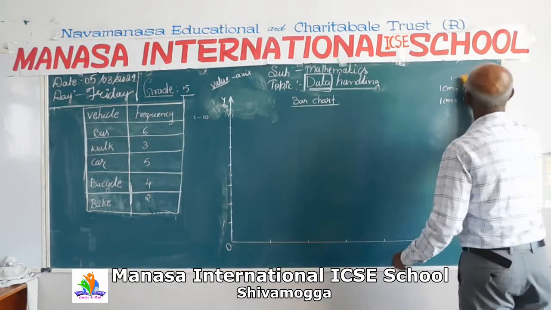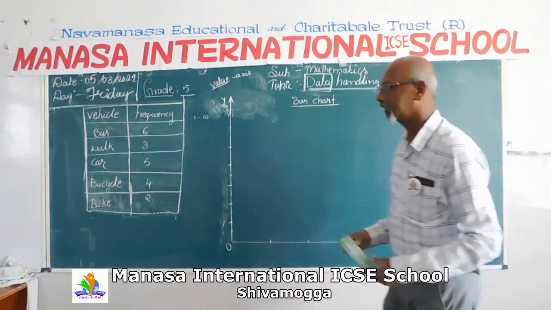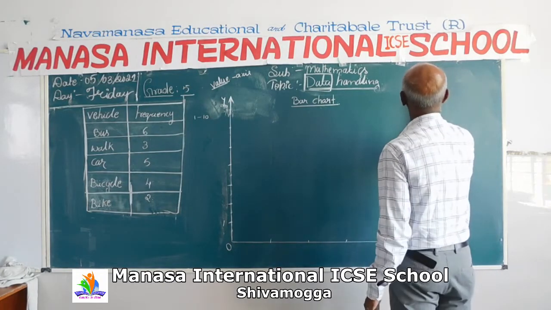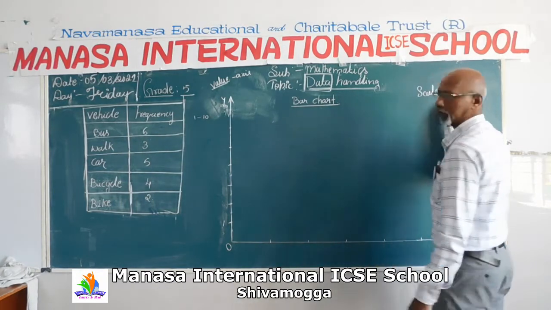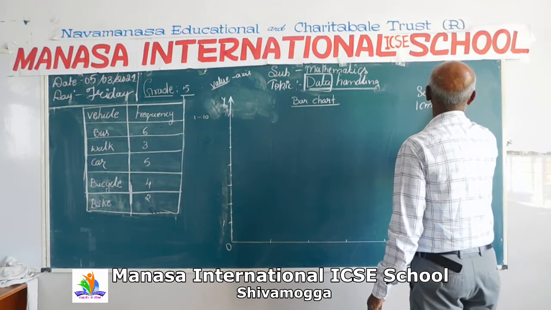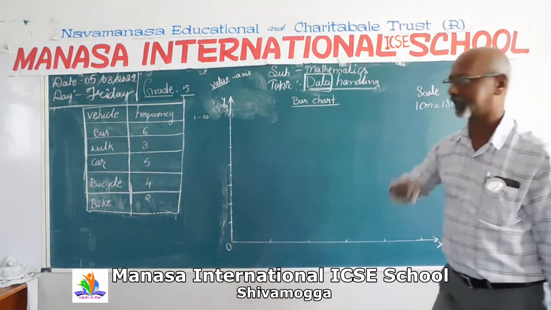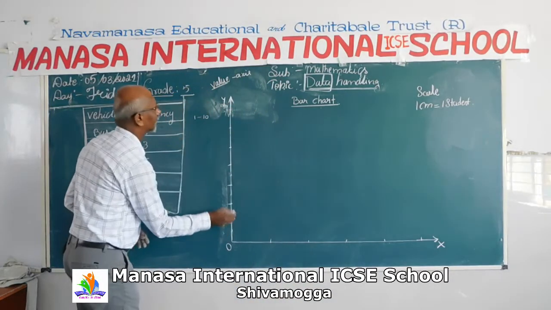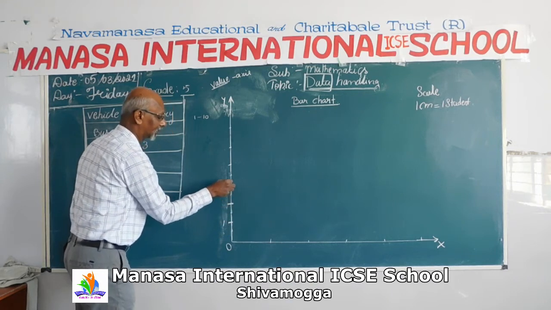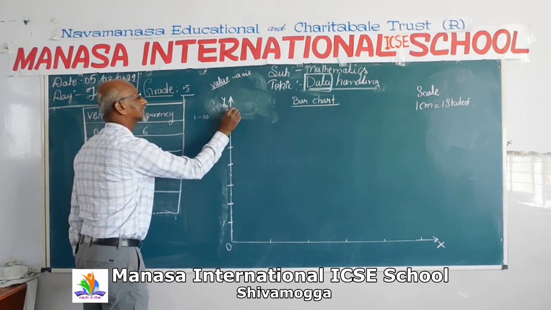Now this is the chart, the bar chart we are going to draw. At the top right-hand side, we should mention the scale. We write it like this: 1 centimeter is equal to 1 student. First choose the scale and write it. Then on the value axis, or y-axis, mark the first centimeter, second, third, fourth, fifth, sixth, seventh.